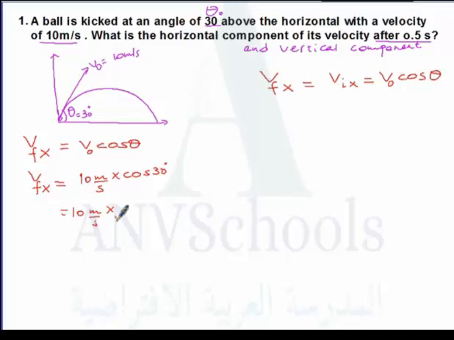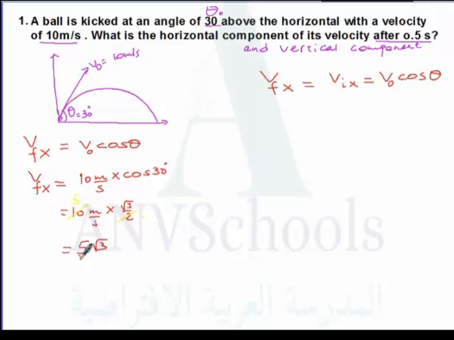Cosine of 30 degrees is equal to root 3 over 2. So simplifying, 2 divides 10 to give 5. So this is the same as 5 multiplied by root 3.